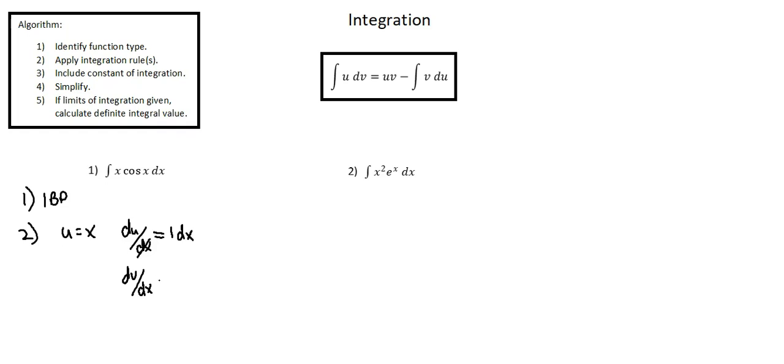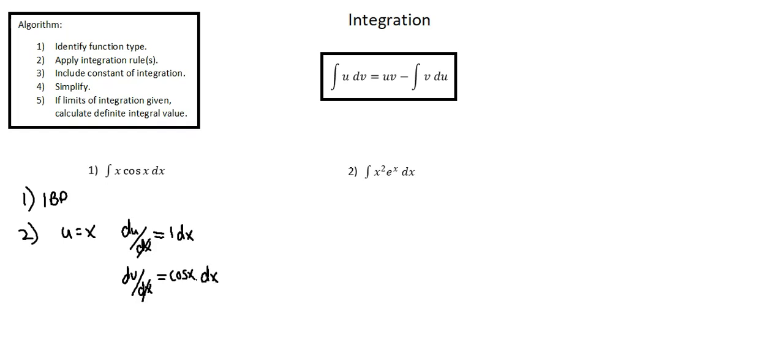Notice in the product x times cosine x, we've assigned x to u, so what is left is cosine x. And again, looking at the integration by parts formula, the left-hand side of the equation has a dv, so I want to eliminate the dx from the denominator. I'll multiply both sides by dx, and we have cosine x dx.